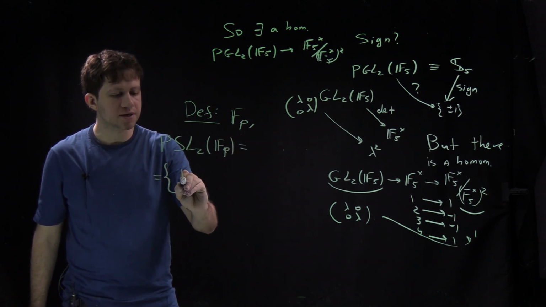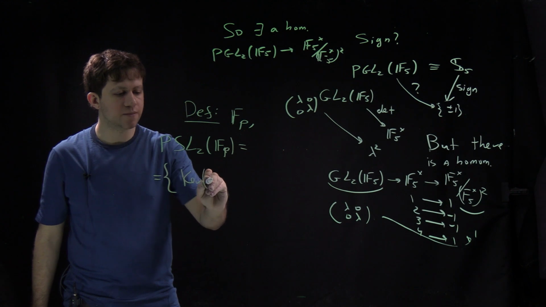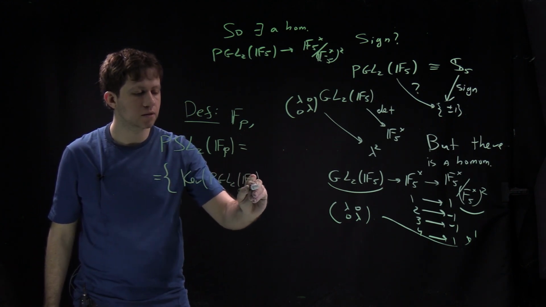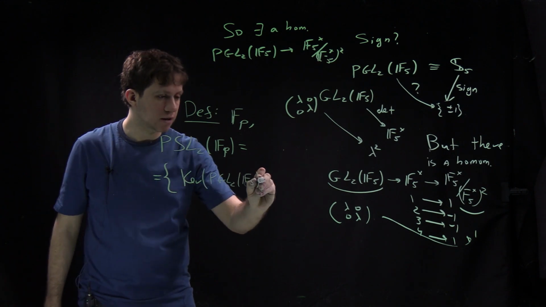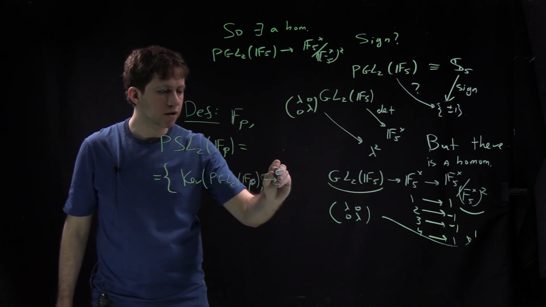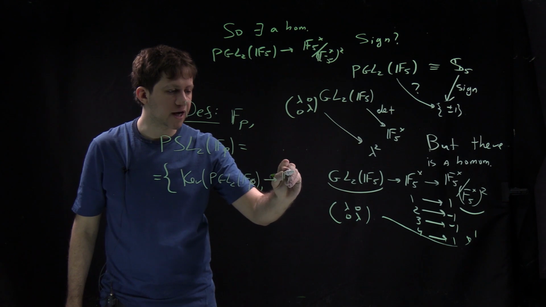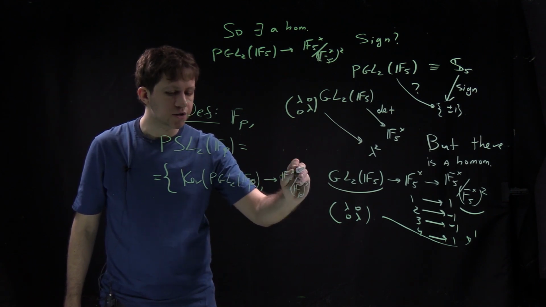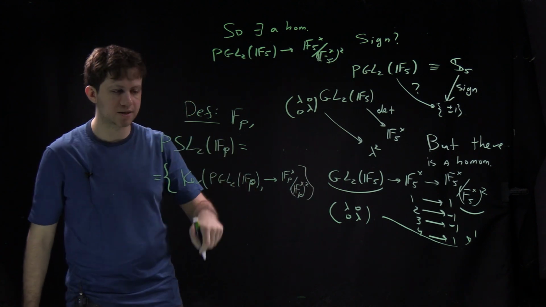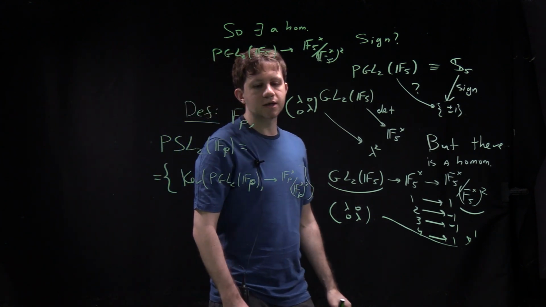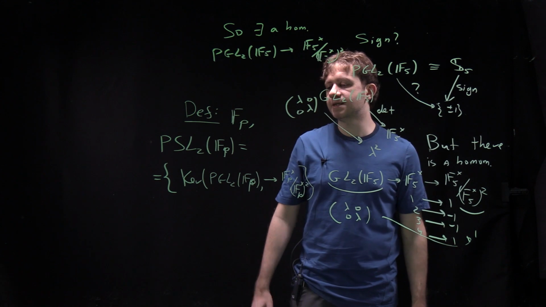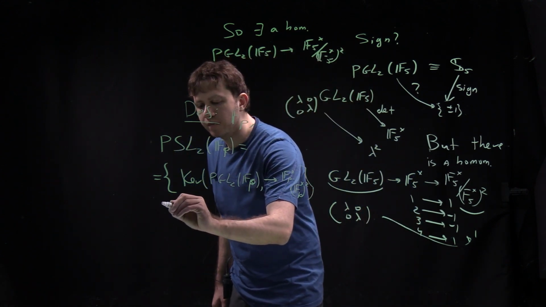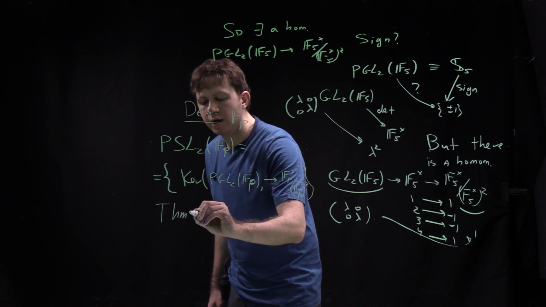It's the kernel of the map from PGL2 of Fp to Fp times mod Fp times squared. So just the same thing, and that's called PSL2 of Fp. And why is this interesting? Because there is this main theorem.